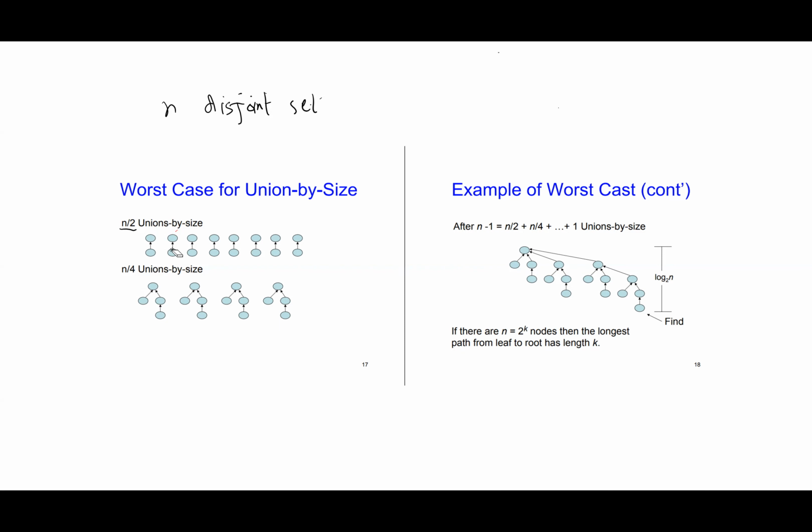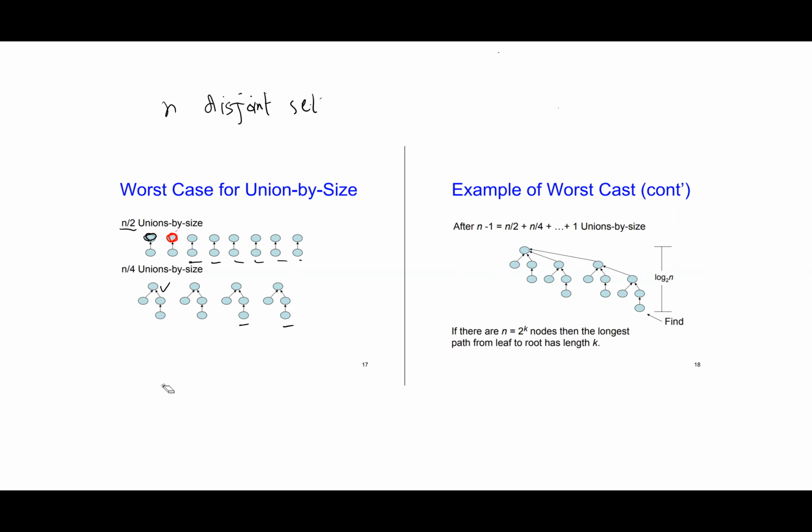Any one of them, so this one points to this one. That's how this one becomes this. Similarly, these two become this, these two become this, these two become this.